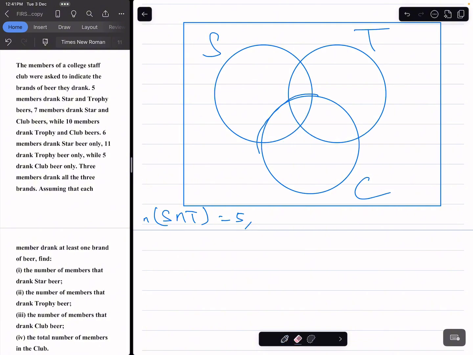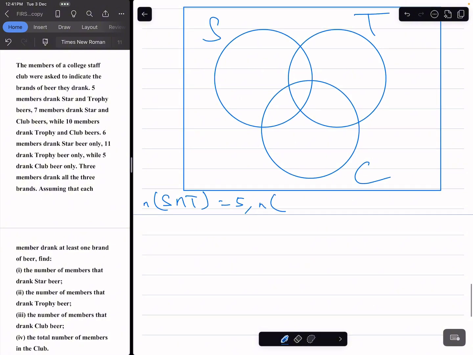That will be those that drank Star and Trophy beer only, Star and Club beer only, plus those that drank Star, Club, and Trophy beers. So the number of elements in the set S intersection C is equal to 7. 7 members drank Star and Club beers, while 10 members drank Trophy and Club beers.